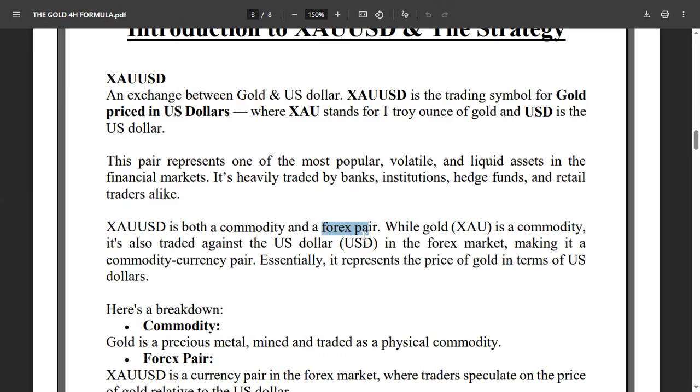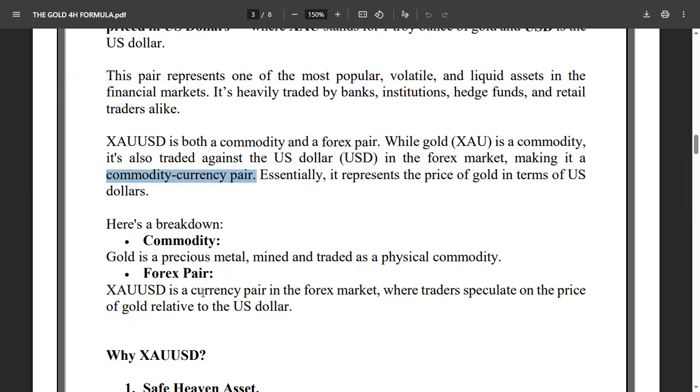Some say it is a forex pair, but I am saying it is both a commodity and a currency pair. So you need to know that. So we know that gold is the precious metal, and it is a physical commodity, right? And when we are talking about the forex pair, because it is featured by the US dollar, all right? So they're going correlatively.